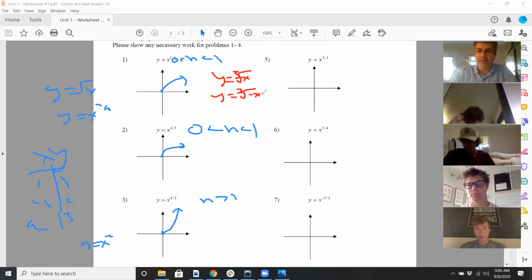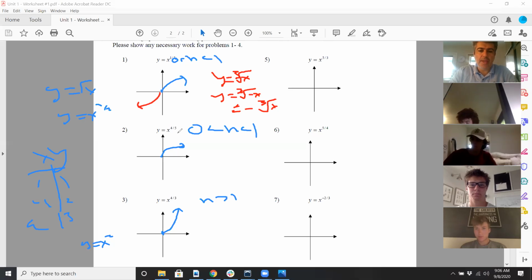Is the output positive or negative? The output's going to be negative. You're going to pull out a negative from this cube root. So cube roots of negative numbers are negative. So we expect our curve to look like that on the left side. So it's going to be a rotation about the origin.